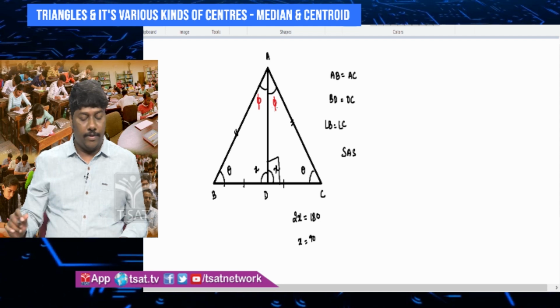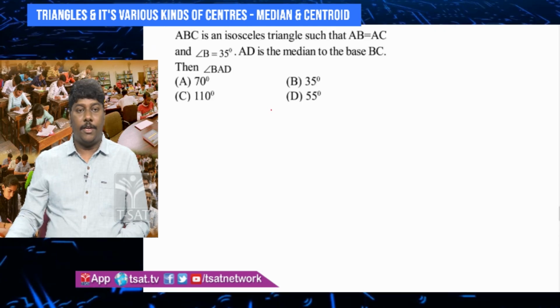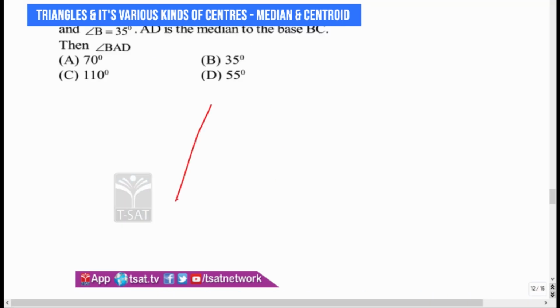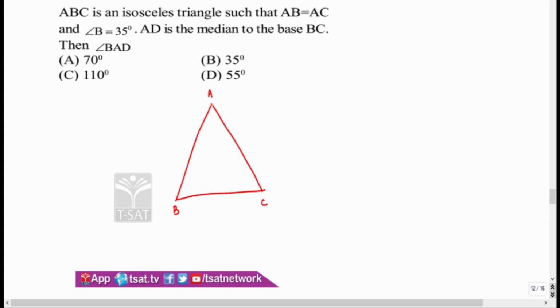Okay. So, we will come back to the problem here. Here in this problem, ABC is an isosceles triangle. AB is equal to AC. Here he says AD is a median. You can take AD as the altitude also. It becomes a median, and in an isosceles triangle, the median is also the altitude and everything else also. Altitude means it is a right angle.